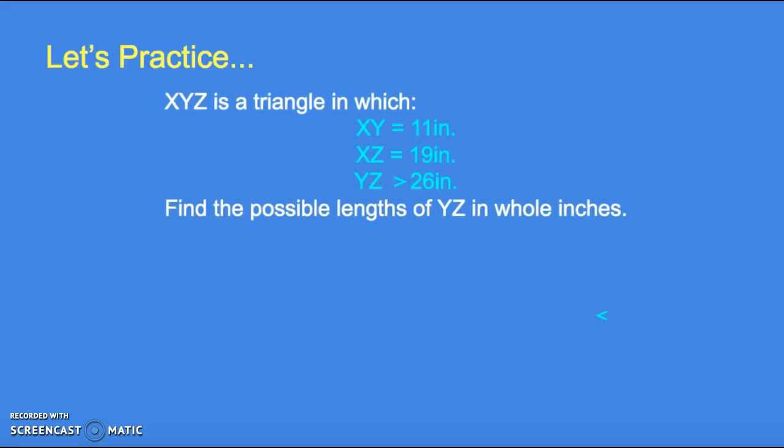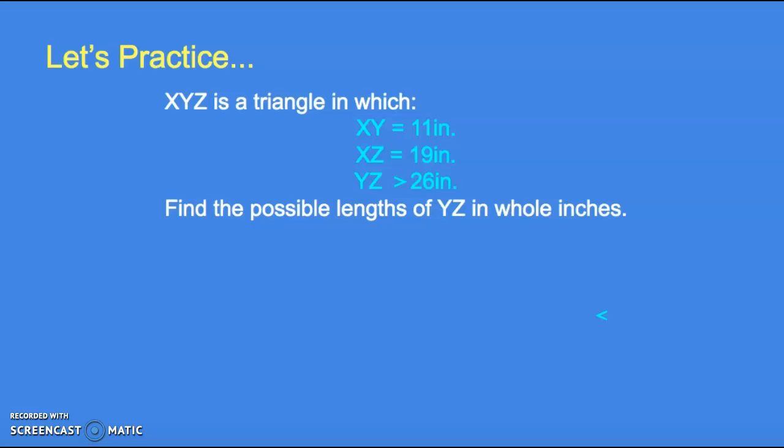Let's practice this together. We are told that triangle XYZ is a triangle in which the length of side XY is equal to 11 inches, the length of side XZ is equal to 19 inches, and the length of side YZ is greater than 26 inches. All the while, we're going to keep in mind that the length of these two together need to be greater than this.